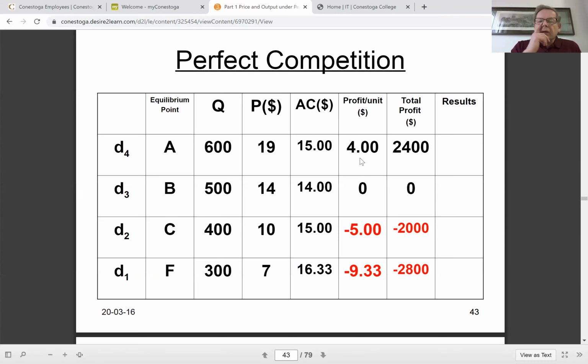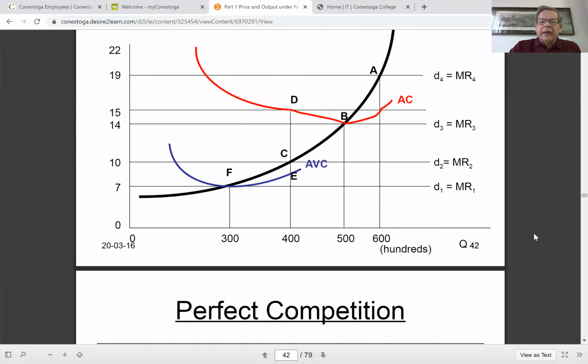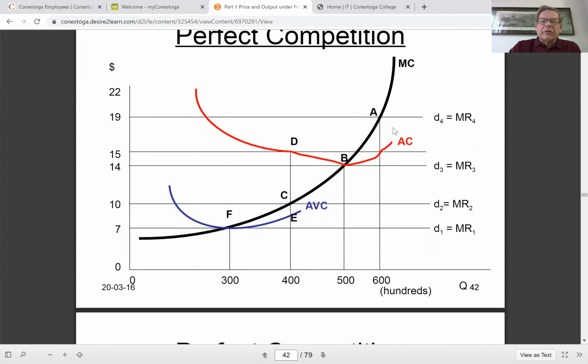Profits per unit are $4, and total profits are $2,400, and so forth. And we want to know what is happening here. I'll give you a few seconds to look at this table, and we're looking at points A, B, C, and D again. And here are the graphs A, B, C, and D.